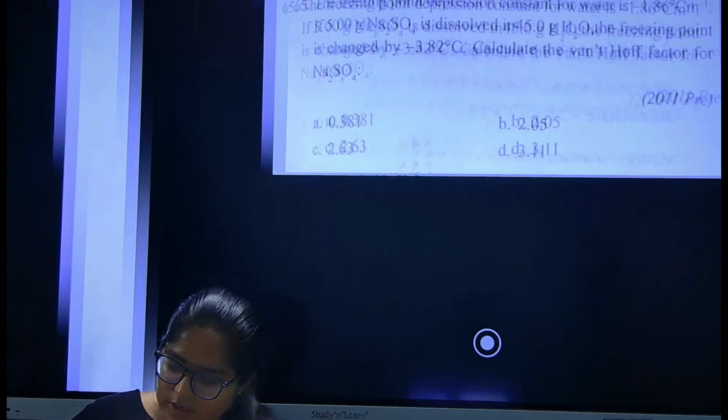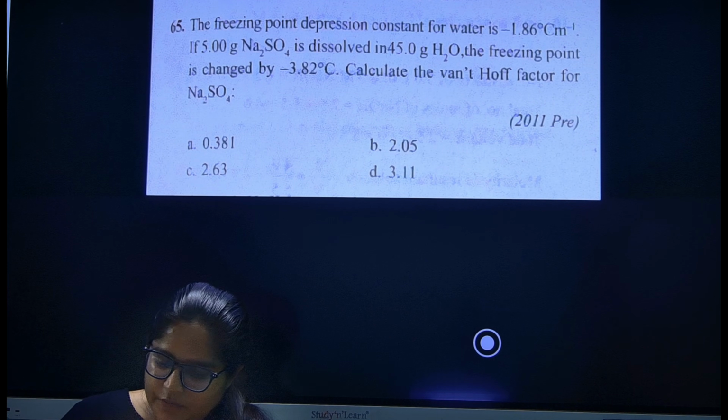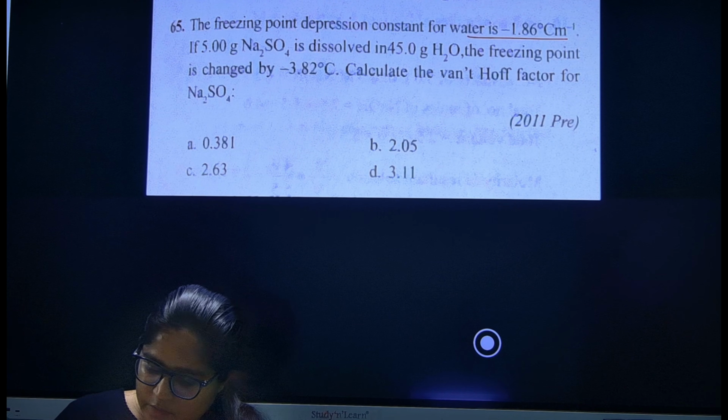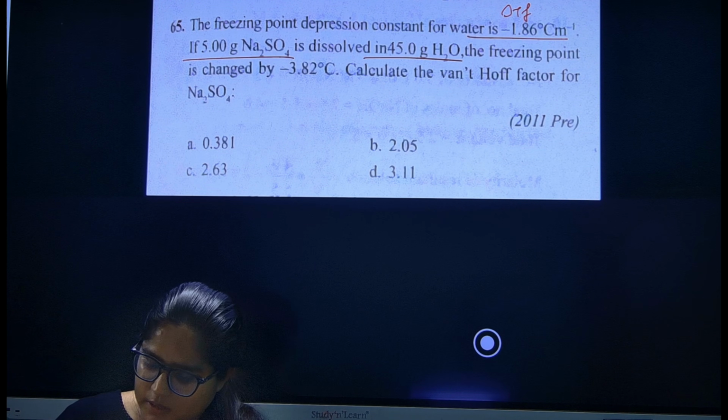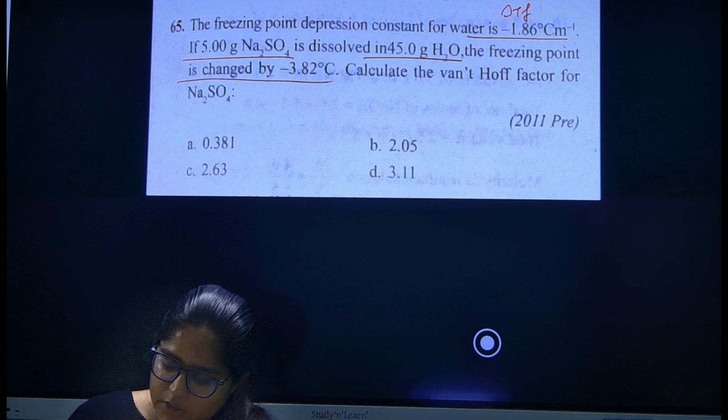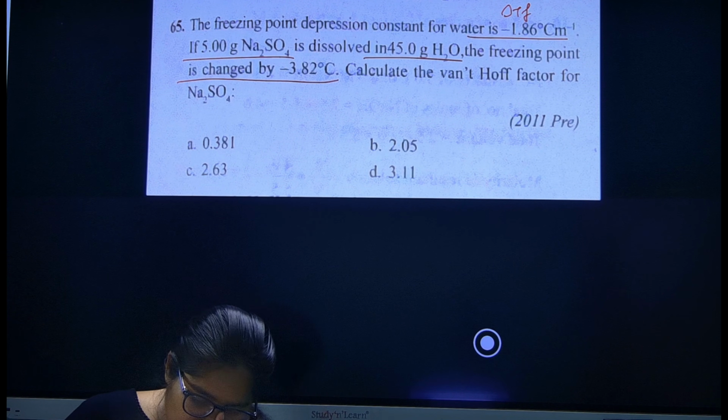Okay, fine. Now let us see question number 65. The freezing point depression constant Kf is given as 1.86. Mass of solute is 5 gram, mass of solvent is given, so we have to find the molality. Freezing point is changed by minus 3.82.